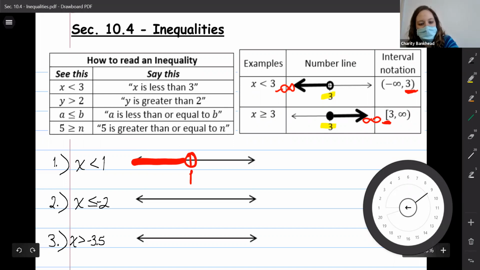If not, you can shade it with a pencil, or do a zigzag shading like that. For the interval notation, it'll be parentheses, negative infinity, comma, 1, parentheses.